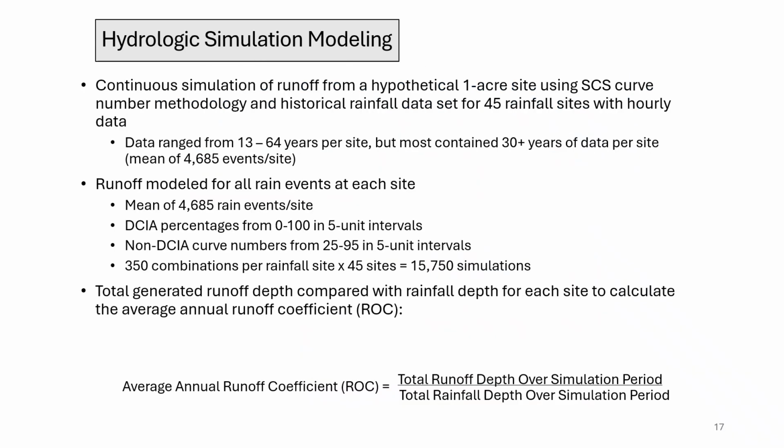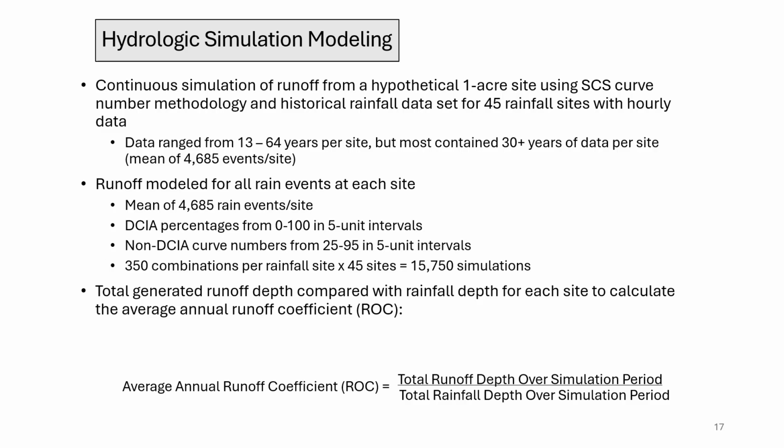Here, we're looking at the specifics of our hydrologic simulation modeling. We conducted a continuous simulation of runoff, simulating a hypothetical 1-acre site using the well-established SCS curve number methodology. Our simulations leveraged an extensive historical rainfall data set, drawing from 45 different rainfall sites, each providing hourly data.